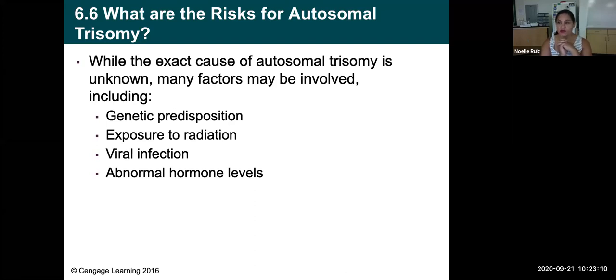And abnormal hormone levels. All of our hormones have to be just right within certain levels for every one of our bodily functions. If they're abnormal, especially in the mother, when she's trying to get pregnant or in early stages of pregnancy, that can cause the trisomy.